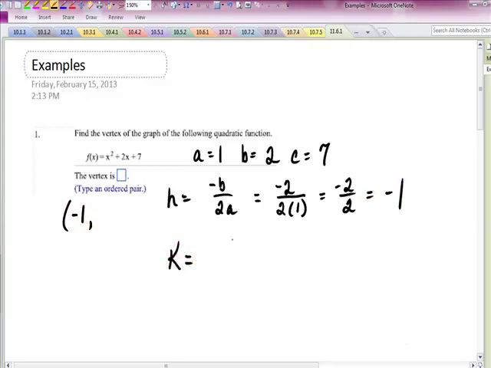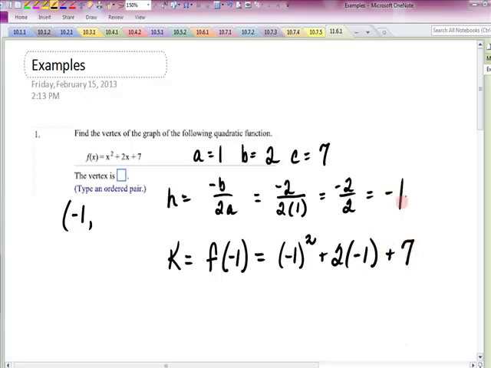K is f of negative 1. So what I mean is we have found the x value of the vertex. We're going to plug it in to the function and calculate the y that goes with it. So it's going to be negative 1 squared plus 2 times negative 1 plus 7.